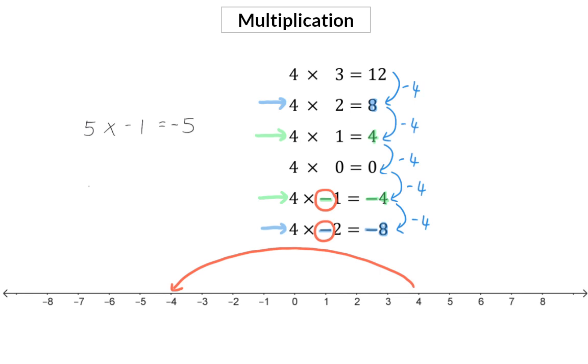Or if I ask you to calculate 6 times minus 3, 6 times 3 is 18, and the minus switches it to minus 18. The same pattern will be followed when I multiply a negative value by a positive. 6 times 3 is still 18, and the minus swaps it around to minus 18.